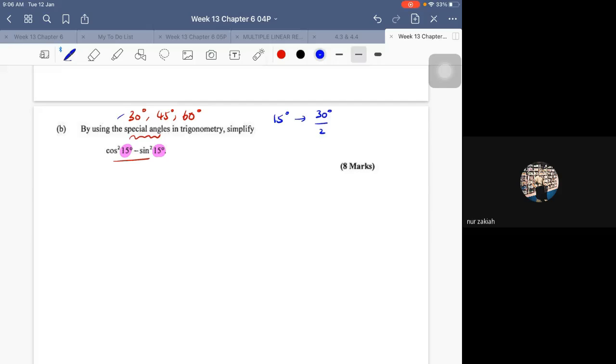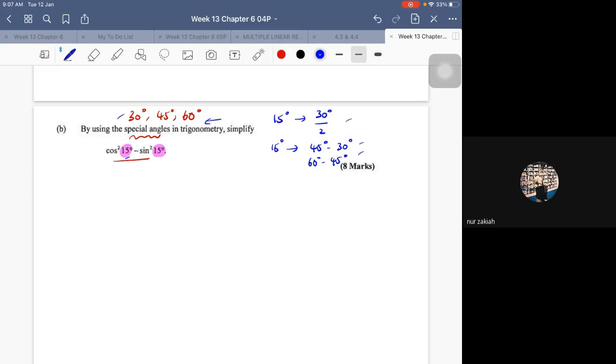Ataupun cara lain, you ambil 45 degree tolak 30 degree. Tu pun boleh, dia akan jadi 15 degree, so ni akan jadi sum of angle. Ataupun you boleh juga pakai 60 degree tolak 45 degree, so still you akan dapat 15 degree. So mana-mana property yang you pakai tak ada masalah, asalkan dia jadi 15 degree and you guna special angle, either one of these 3 angles.